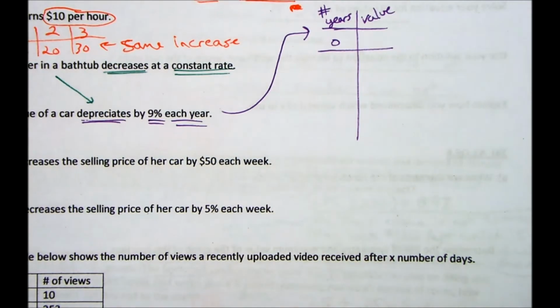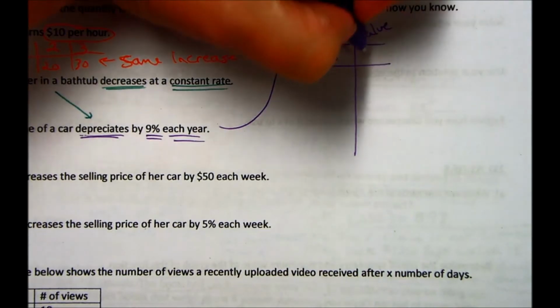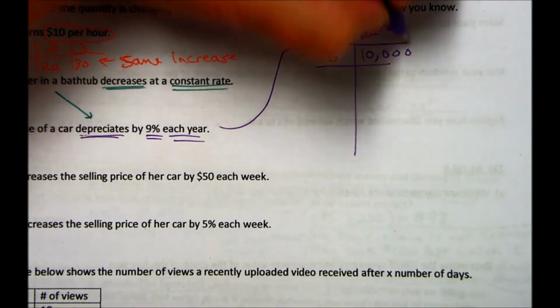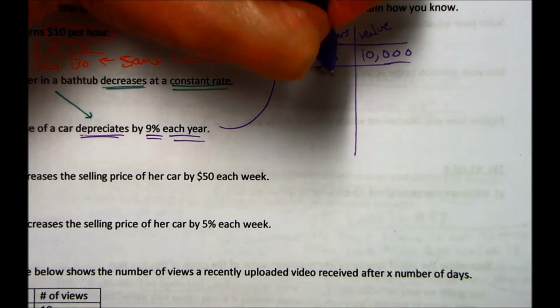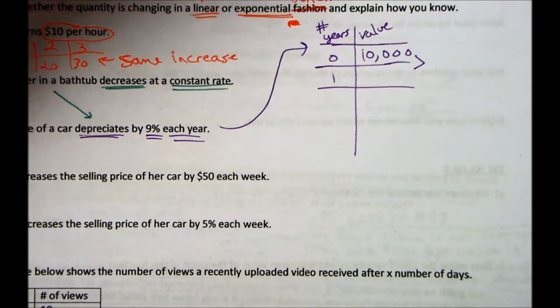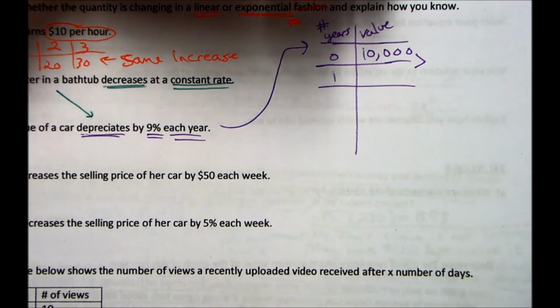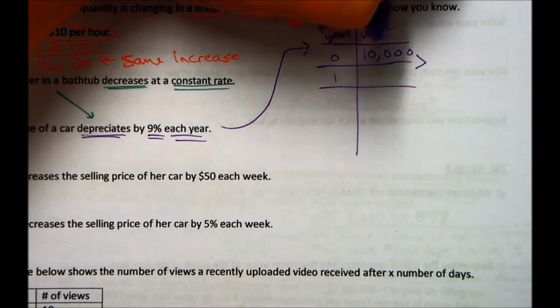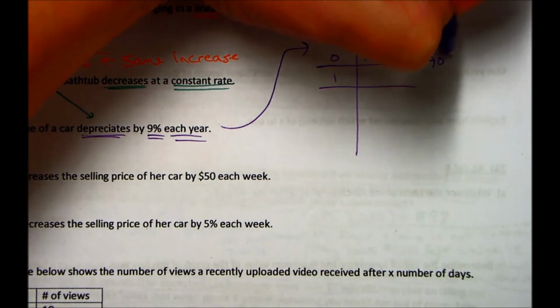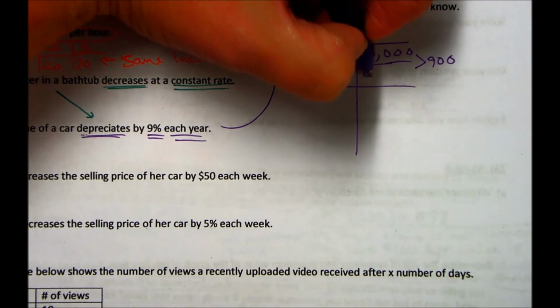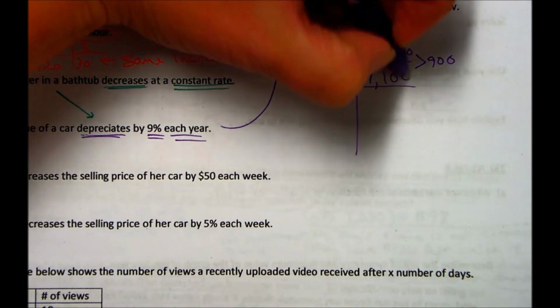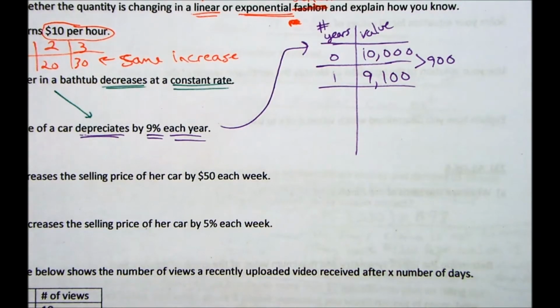At year zero, let's pretend it was worth $10,000, and I just used 10,000 because it's easy to figure out 9% of that right away. 9% of that $10,000 is $900. So if that value decreases by $900, then my new value after year one is $9,100.